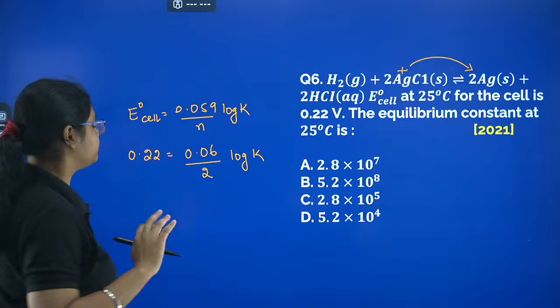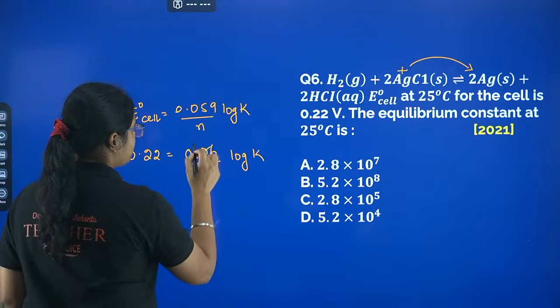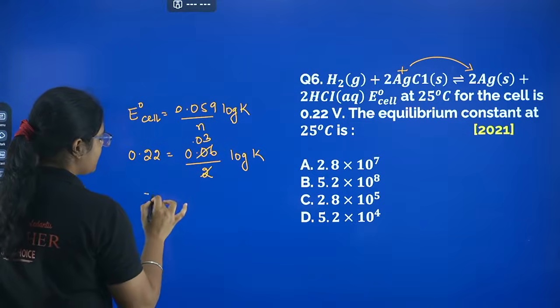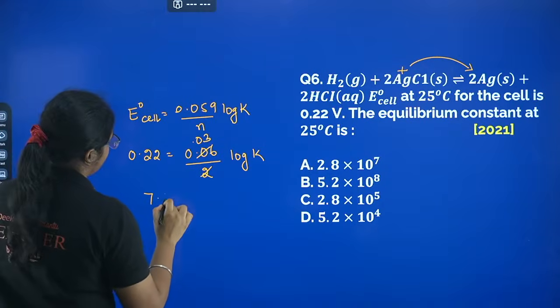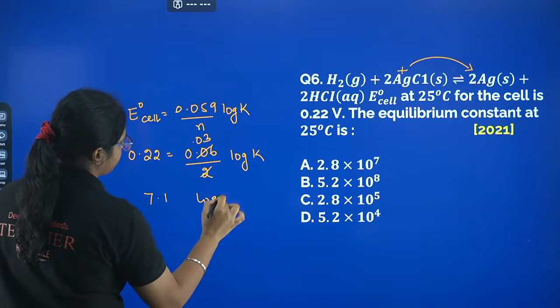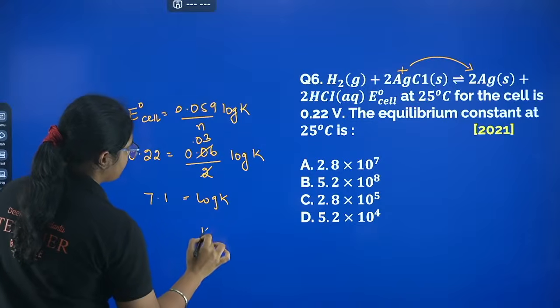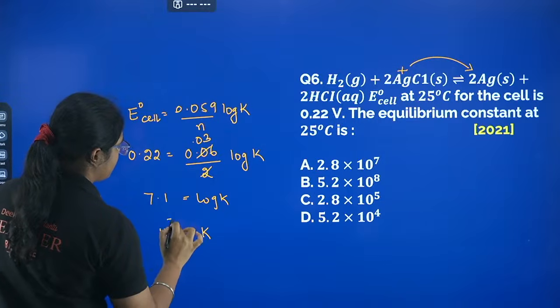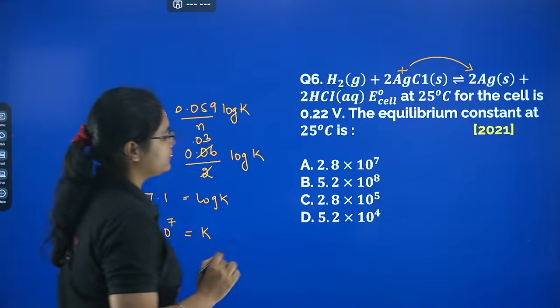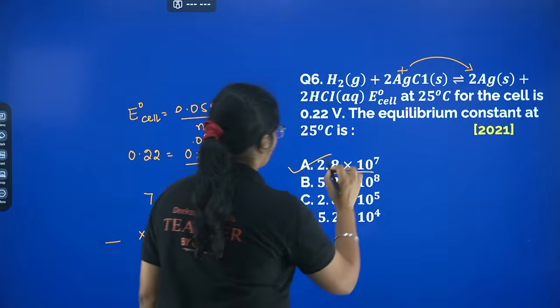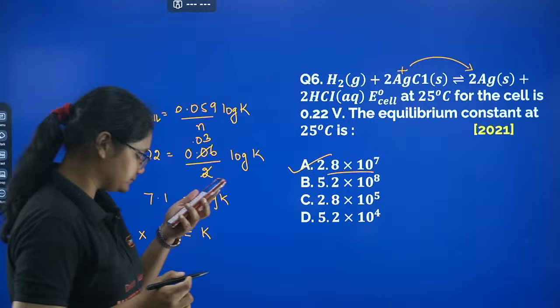So this will be 0.03. Now here you see, 3 7s are 21, right? I'll get 7.1 something for log of K. Then K will be equal to 10 to the power of 7 into something. We have only one option with 10 to the power of 7, so that is option A here.